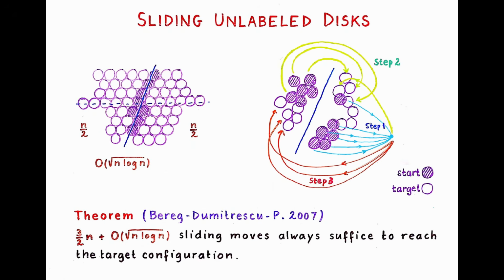So n half coins are on this side, n half coins are on the other side. And for simplicity, but that's absolutely not important, I also assume that the destinations, the target positions, the empty circles, are also nicely distributed so that half of them are on one side, half on the other side. And then you can do it in roughly 3 half n steps.